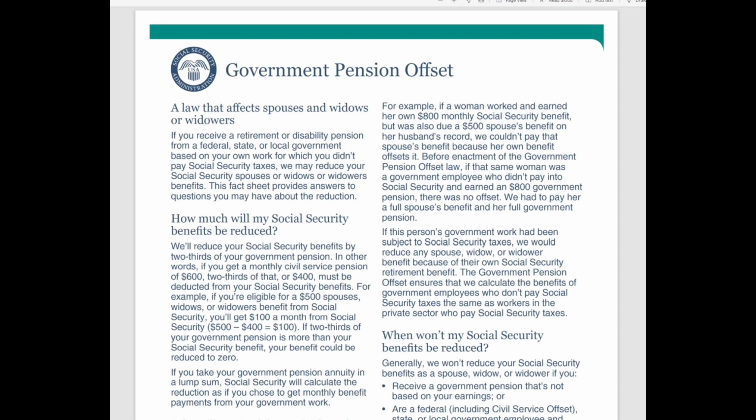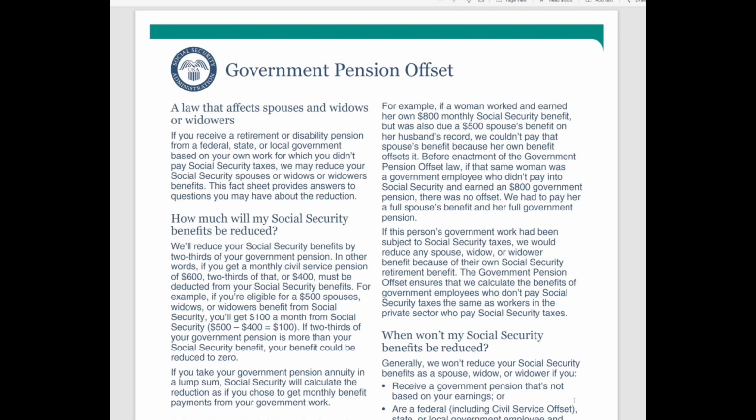So GPO comes into play because you, who have work that's not covered under Social Security, are filing for benefits under somebody else's record. So maybe as a spouse, a divorced spouse, a widow, or a divorced widow would realistically be the situations where you would have this offset come into play.